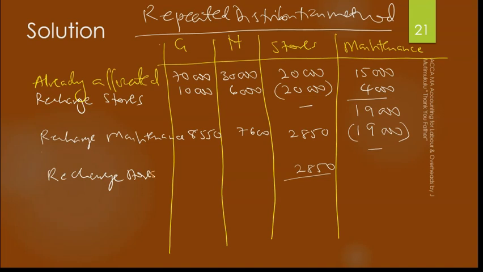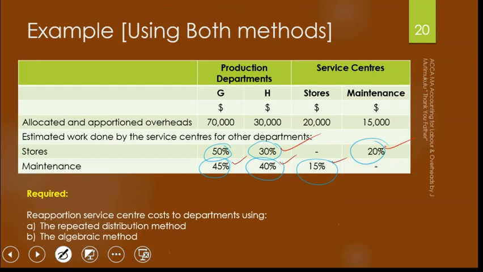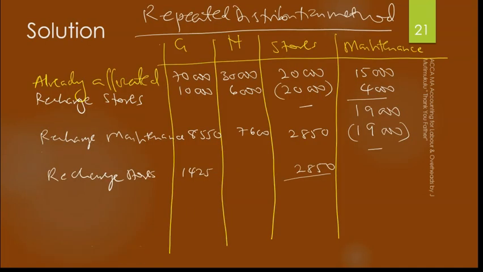We give 50% of that amount of 2,850, that is 1,425 to G, and then 30% of 2,850 is given to H, and that should be 855.